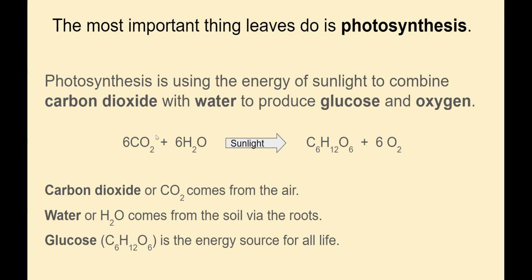So the beauty is we're taking carbon dioxide, which all living things expel, and we turn it into two things that every living thing needs. Every living thing needs oxygen, and every living thing needs sugars in the form of energy.